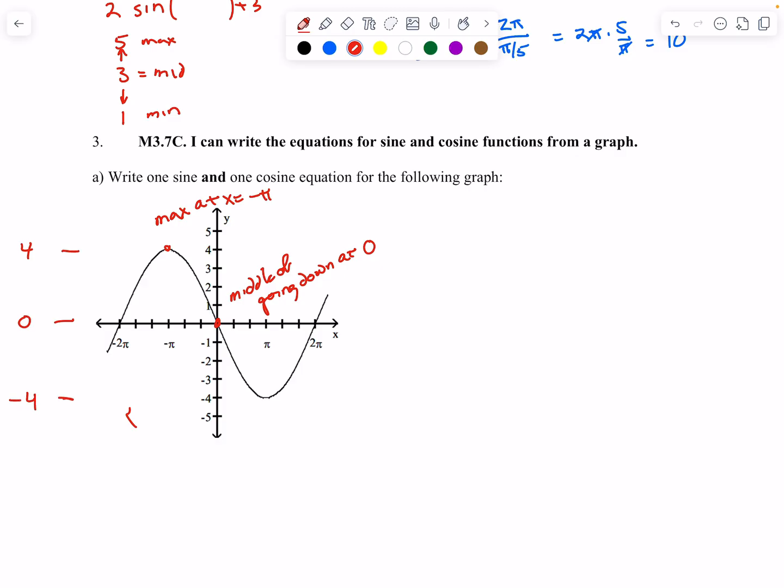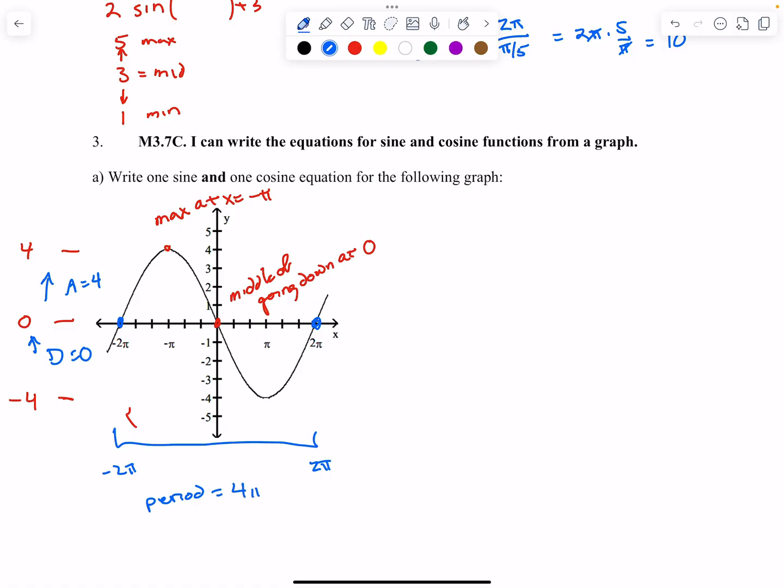So this is going to be a plus 0. The amplitude is 4. The period is the distance from negative 2 pi to positive 2 pi, which is 4 pi. Okay, so what do we need? We need A, we need D, we need B.